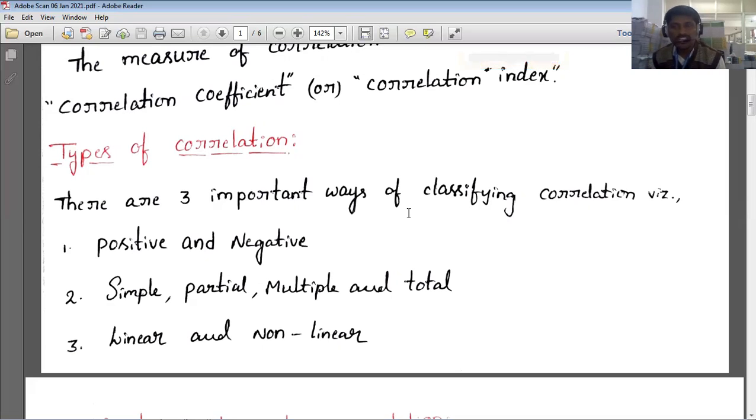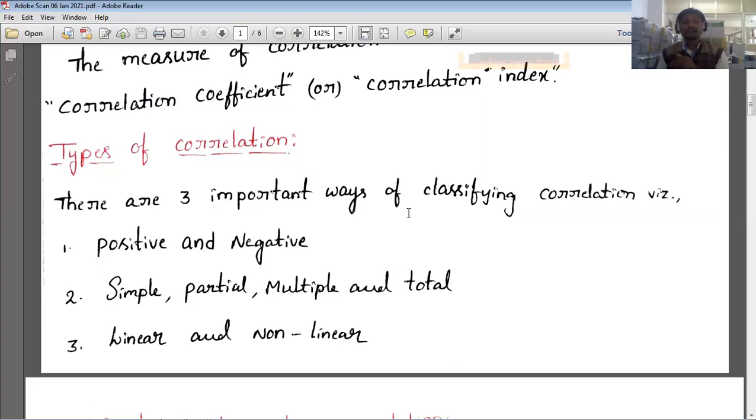Negative correlation is when one is increasing and the other is decreasing, or one is decreasing and the other is increasing, in opposite directions. Positive means both move the same way, both increasing or both decreasing. Negative means opposite. That is positive and negative correlation.